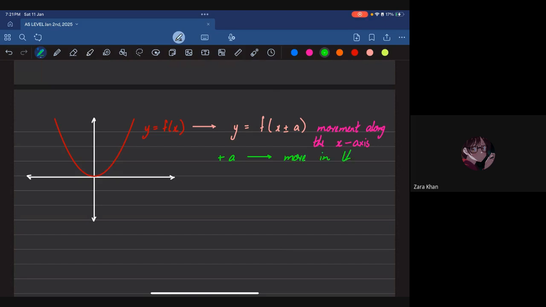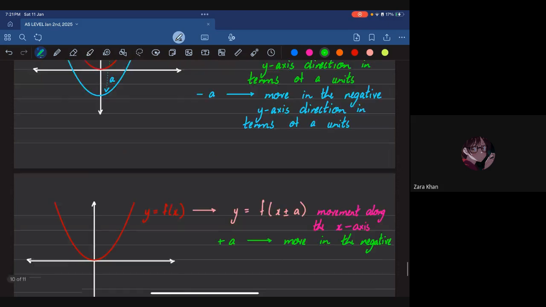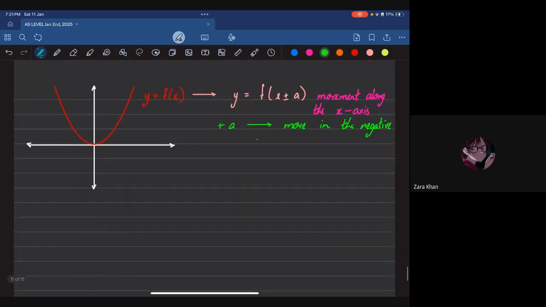Move in the negative x-axis direction in terms of a. By in terms of a, I mean how much do you need to move?